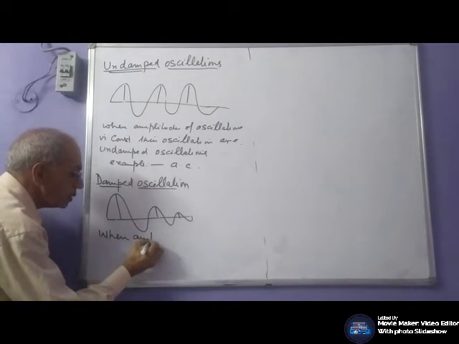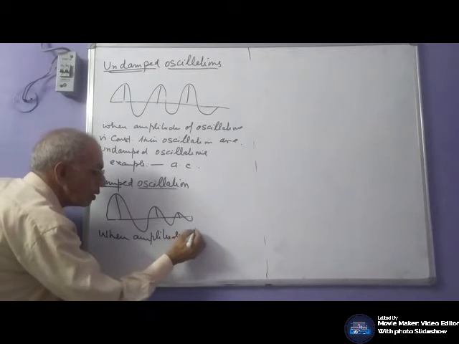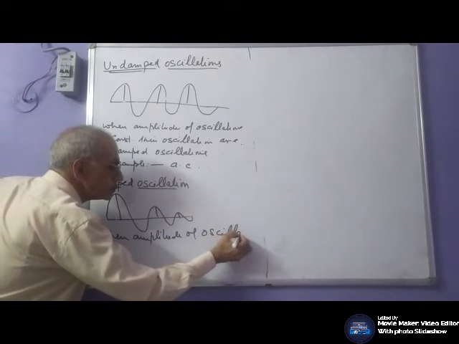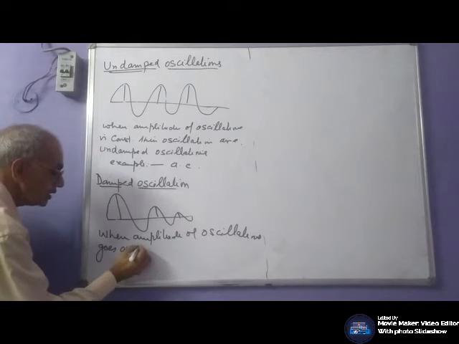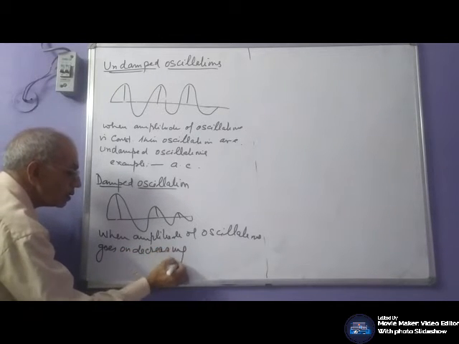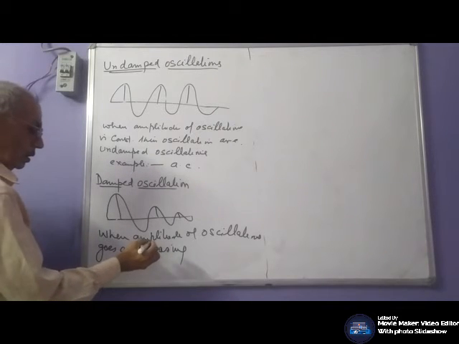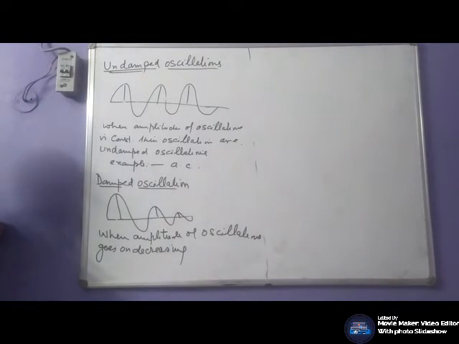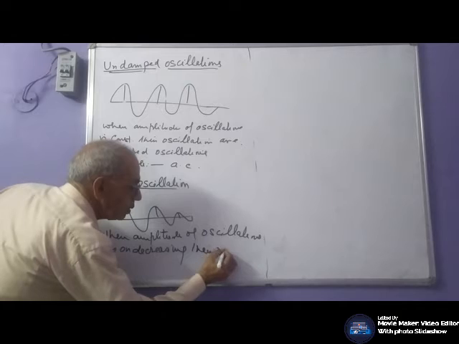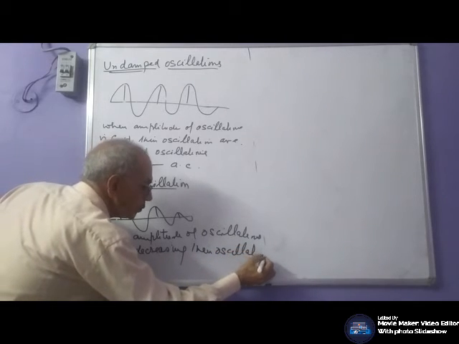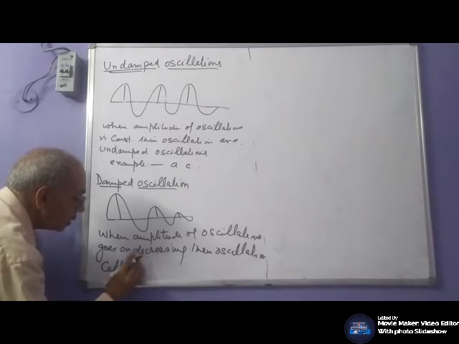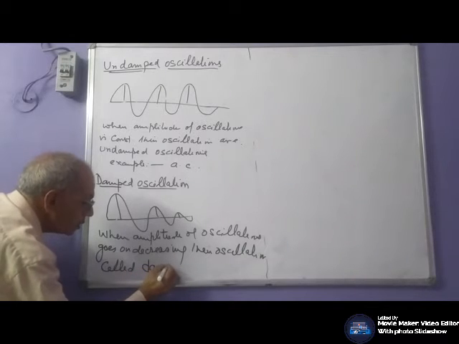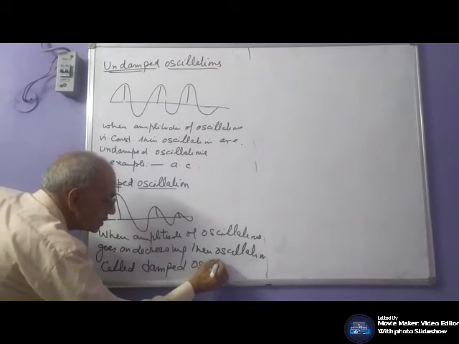When the amplitude of oscillations goes on decreasing, then the oscillations are called damped oscillations.